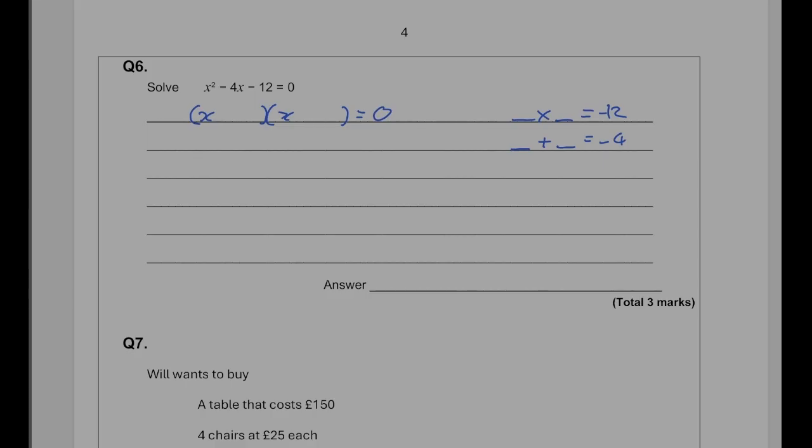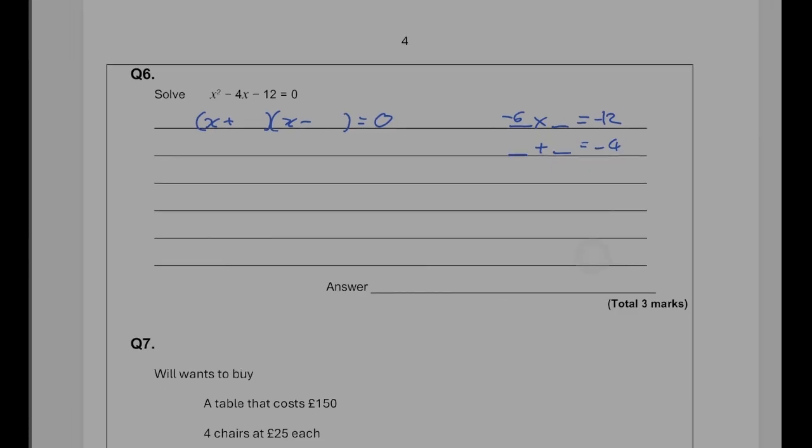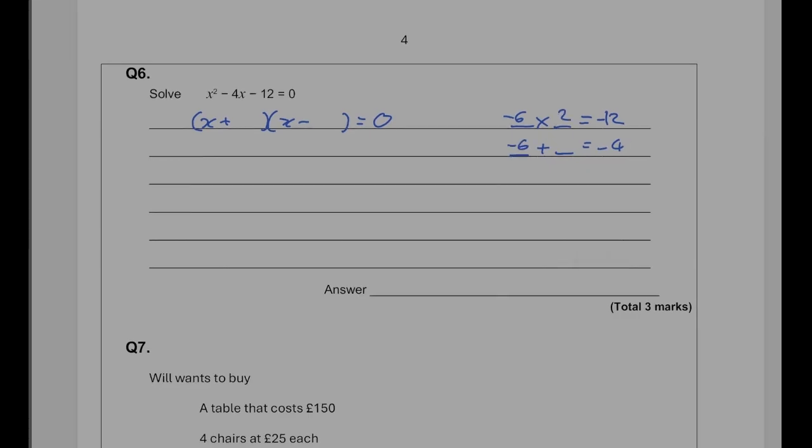That tells me one of them's got to be negative, so I've got a positive and a negative number, and that my negative needs to be 4 bigger than my positive, so I'm looking at minus 6 and 2.